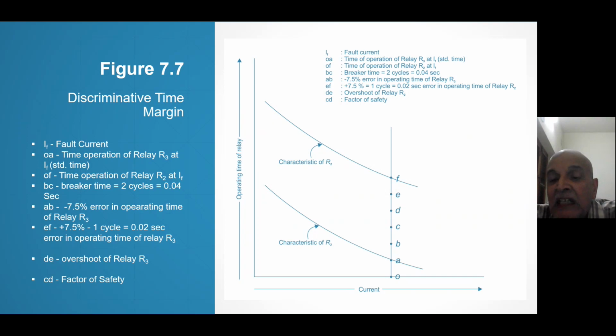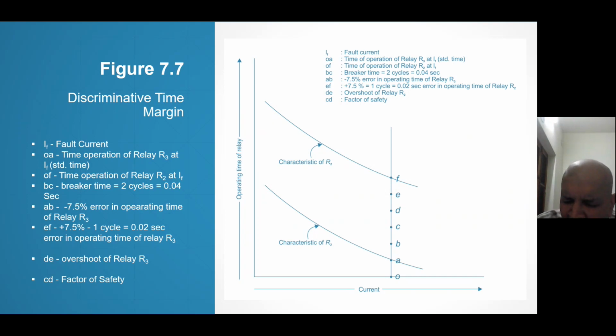You can see, right? And so at time C, the relay R2 has tripped the faulty section. But now try to understand that if it is an electromagnetic relay, it keeps on rotating. Because it was rotating at very fast speed, it keeps on rotating even if the current is discontinued for some time. Then it will come back to its original position. That some time is known as overshoot or over travel in terms of time.